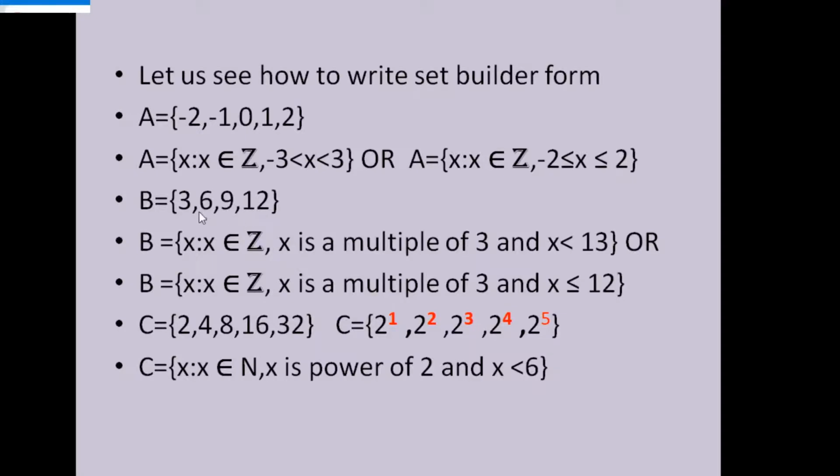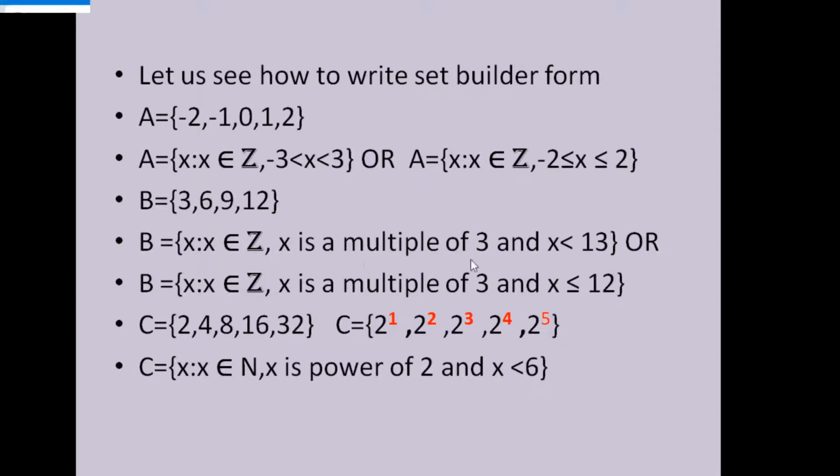That's why I have written x belongs to integers. Here I can take whole numbers, or natural numbers, or real numbers, no problem. You can write that these elements belong to any of the sets, and x is a multiple of 3.